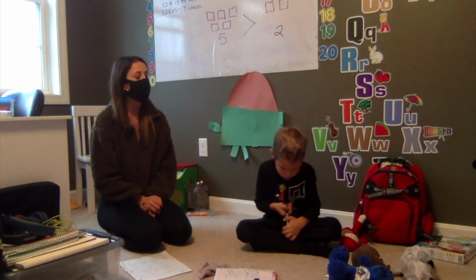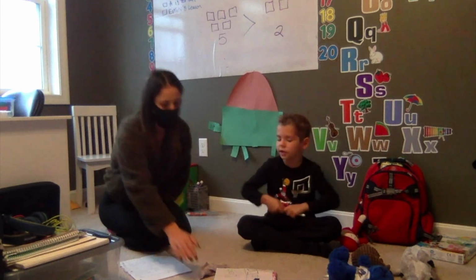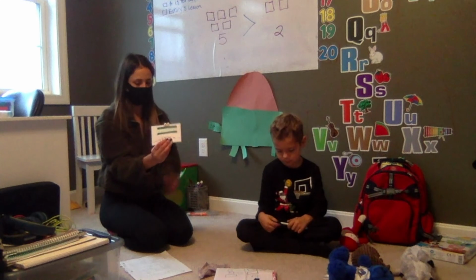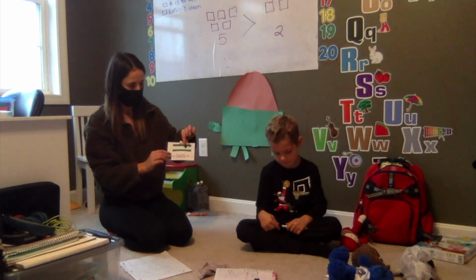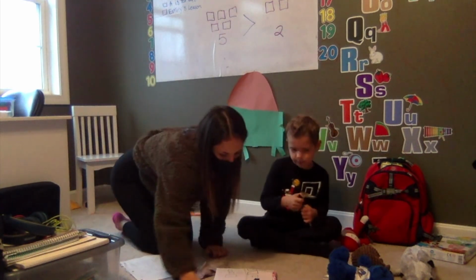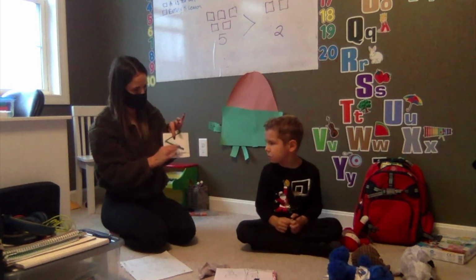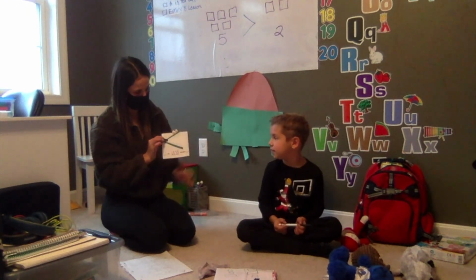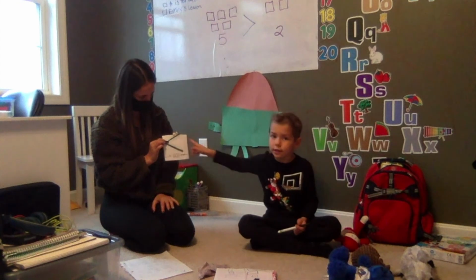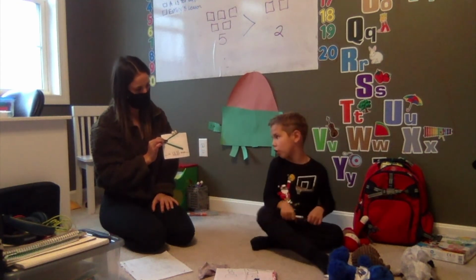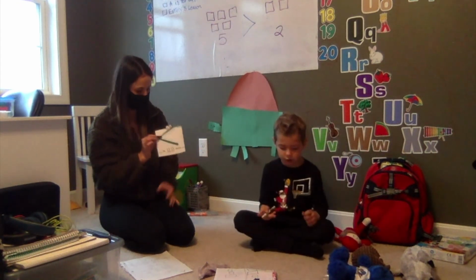Because they're the same. There's the same amount, right? Okay. How do we know if something is less than? Less means that it will eat the bigger number. Right. Eats the bigger number.